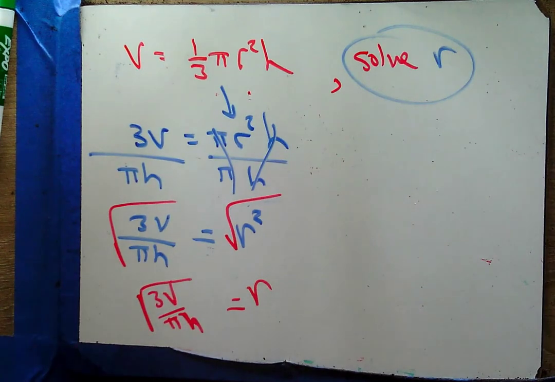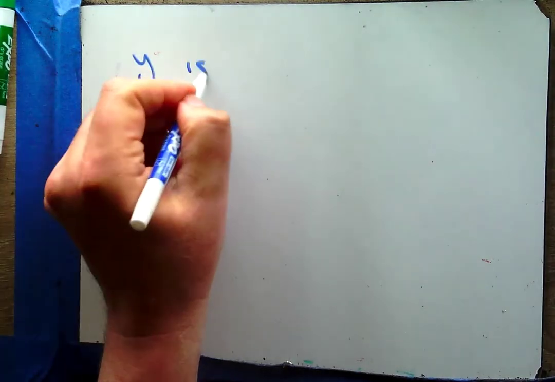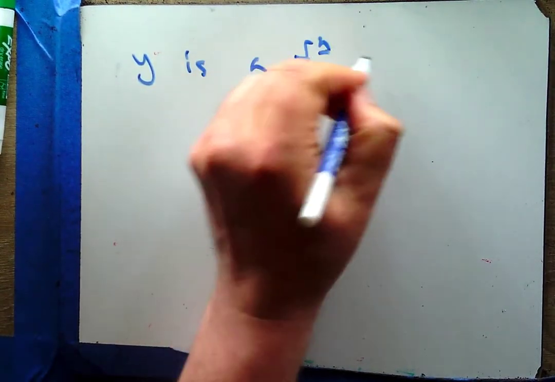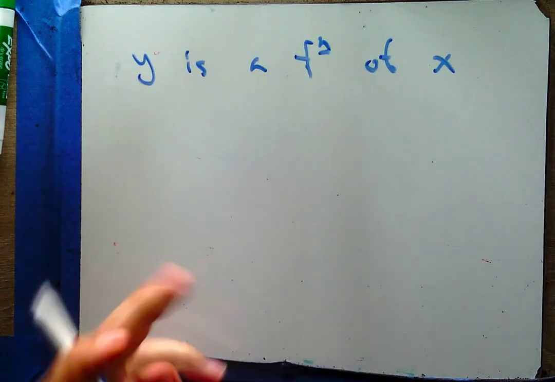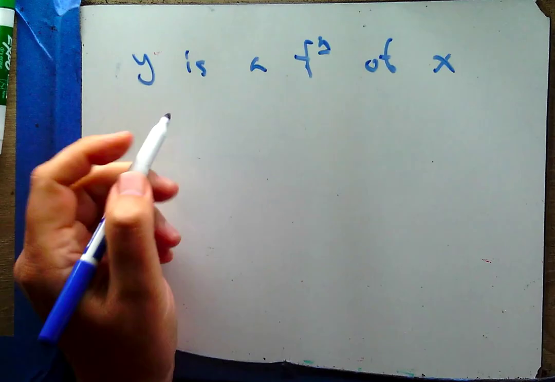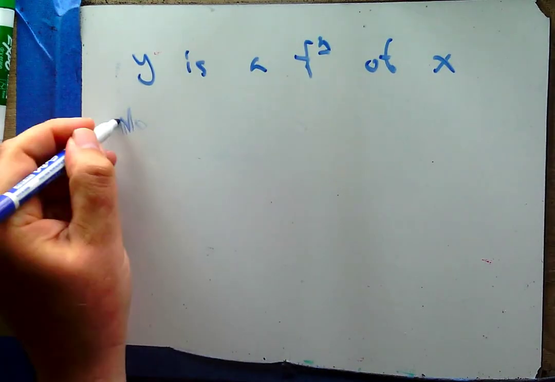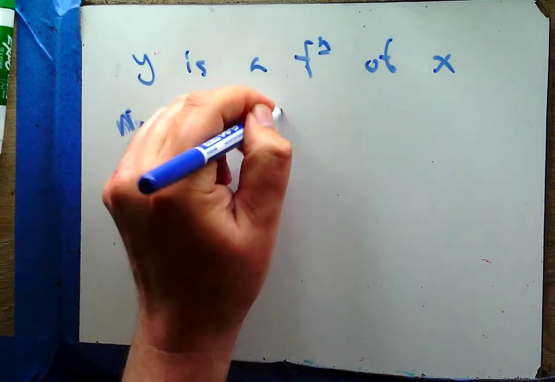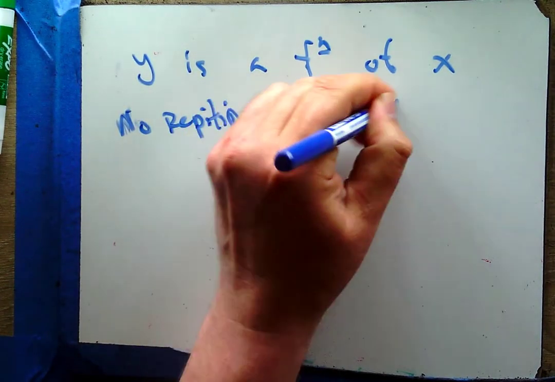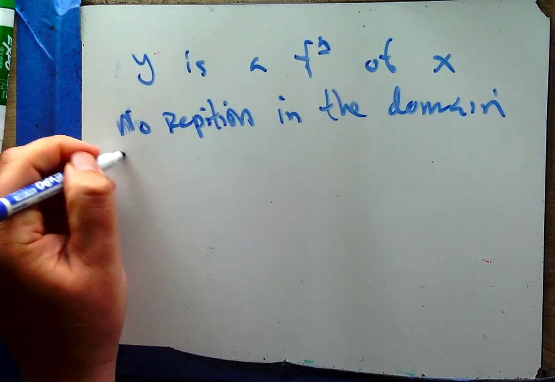Great. Next, how can we determine if y is a function of x? You know, we just said a few minutes ago what it meant to be a function. No repetition in the domain. What else?